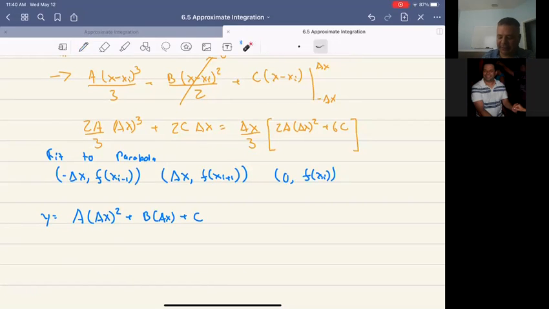It's a parabola in delta x, actually. Okay. So now, what do we get back?